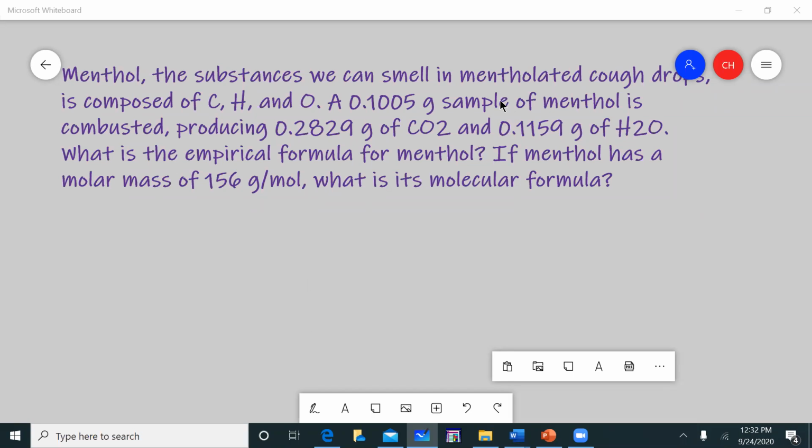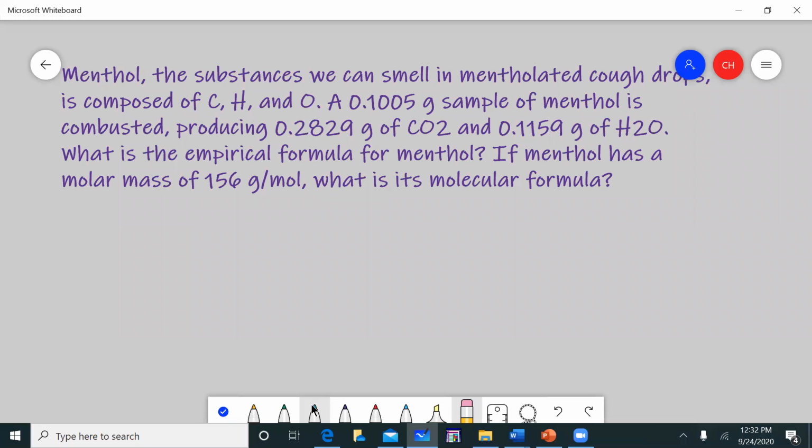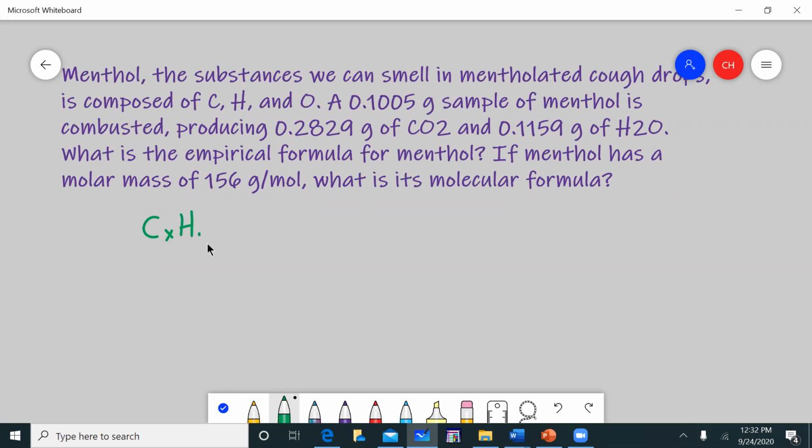So if you want, the first thing we can do is write a pseudo reaction. We've got menthol, which is carbon with some sort of number. We don't know what it is yet. Hydrogen with another number, and oxygen is a Z. We're going to combust this with oxygen, and it's going to produce, remember, when we combust we always produce CO2 and H2O.